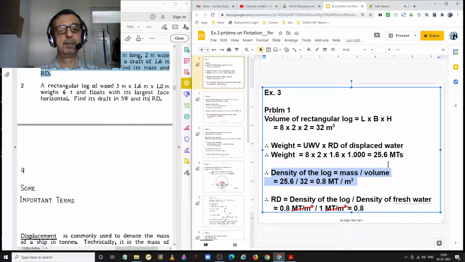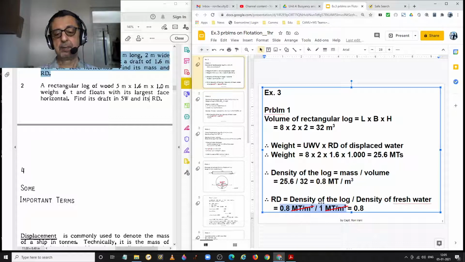Now relative density is a ratio between the density of the substance to the density of fresh water having the same volume. Therefore, relative density of the log is equal to density of the log divided by density of fresh water, and density of the log is 0.8 metric tons per cubic meter divided by density of fresh water, which is 1 metric ton per cubic meter.